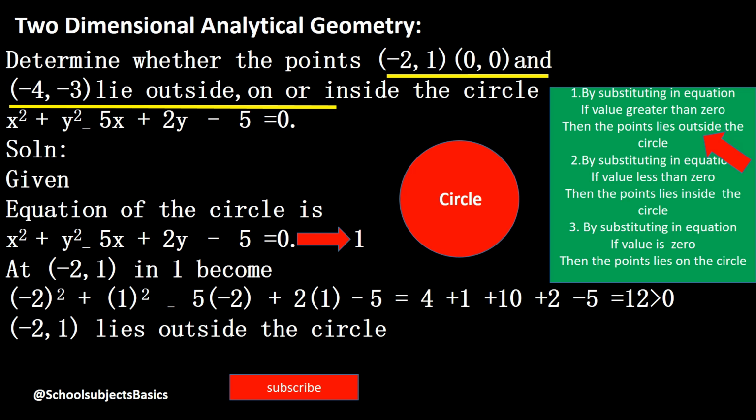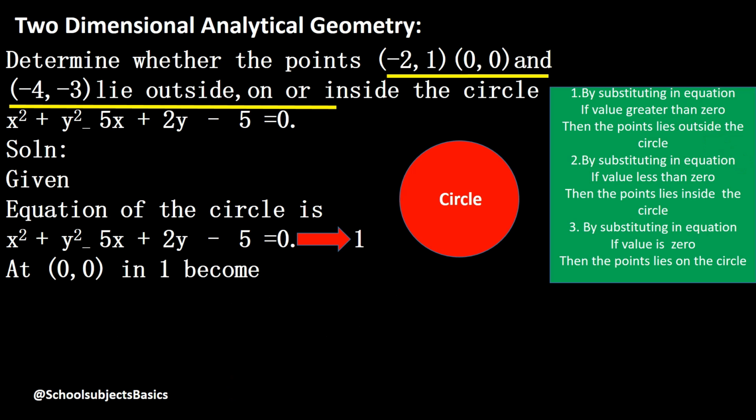Next, we will substitute the point (0, 0) in the equation. At (0, 0), equation 1 becomes: the value of x is 0 and y is also 0. So 0 square plus 0 square minus 5 into 0 plus 2 into 0 minus 5. 0 square means 0. If you multiply anything with 0, that is also 0, and 2 into 0 is also 0.